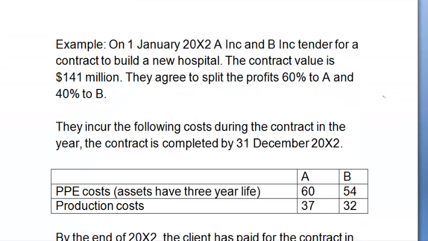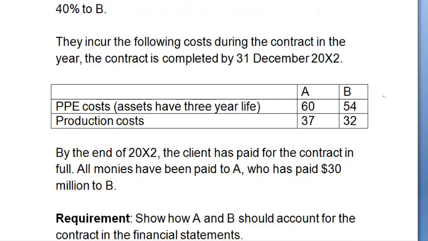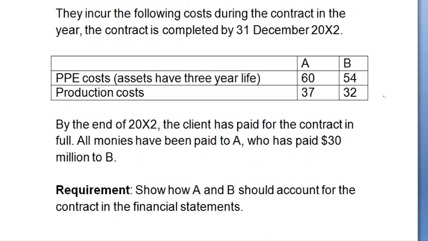So here we have A and B tendering for a contract for a hospital. The contract value is 141 million, and we're going to split the profits 60% to A and 40% to B. And they incur the following costs. So we've got production costs, PPE costs.